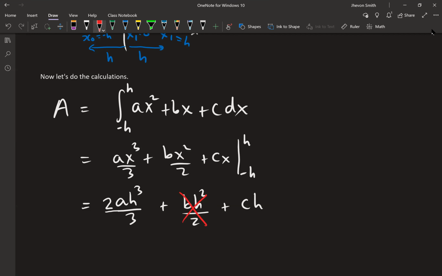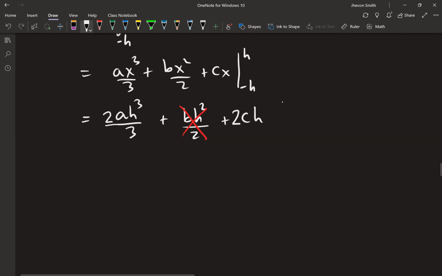And this guy here is going to actually double up. So we just have this. What we're going to do now is I'm going to factor out an h over 3. And you'll see why I decided to factor out an h over 3 momentarily. So we're going to have 2ah squared plus, this would end up being 6c.